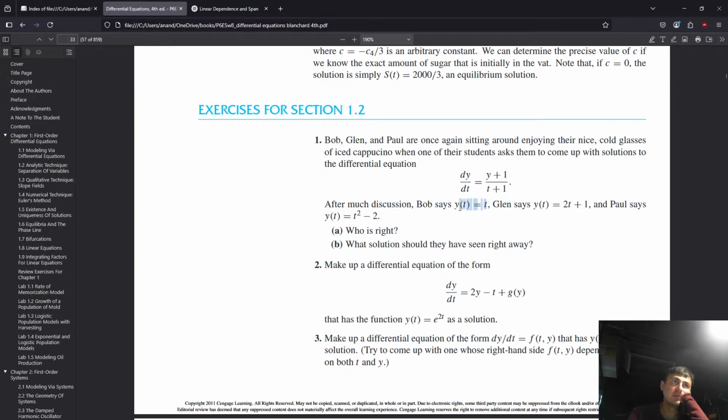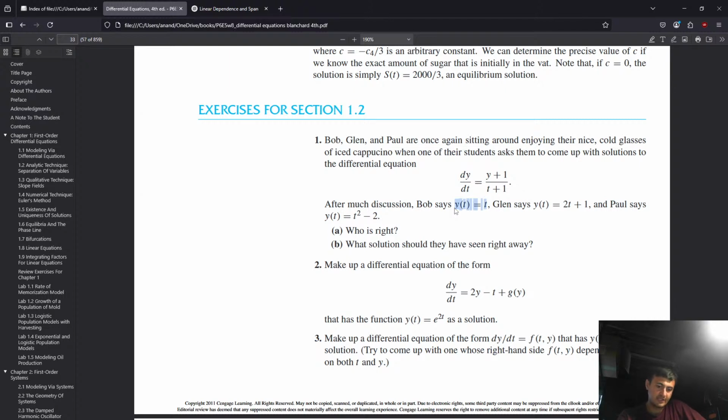All right, so Bob says y of t equals t. That's what I got. So let's say y of t equals t, dy/dt equals 1. Okay? So if we plug in for y, then we in fact get that. So Bob is right. So A, Bob is right for sure. Now let's say Glenn.